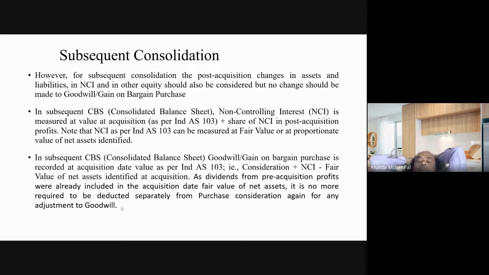So based on the fair value of net assets, whatever goodwill you have measured won't change. For that reason, the rule is that whatever goodwill value you found at the time of acquisition is final. That won't change afterwards.